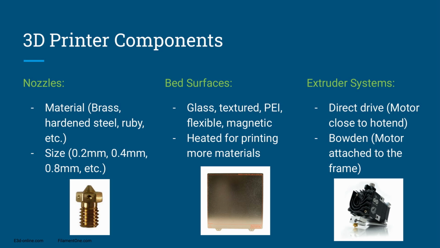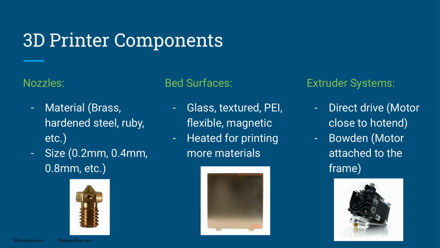The most common is brass, but you can also get some in hardened steel, even ruby-tipped nozzles, which are pretty cool. So if you're printing very abrasive materials, like say carbon fiber infused PLA, the carbon fiber is going to wear down your nozzle very fast. So you might need a hardened steel nozzle or even a ruby-tipped nozzle so that the material won't wear away your nozzle as fast as it would with, say, a brass nozzle.